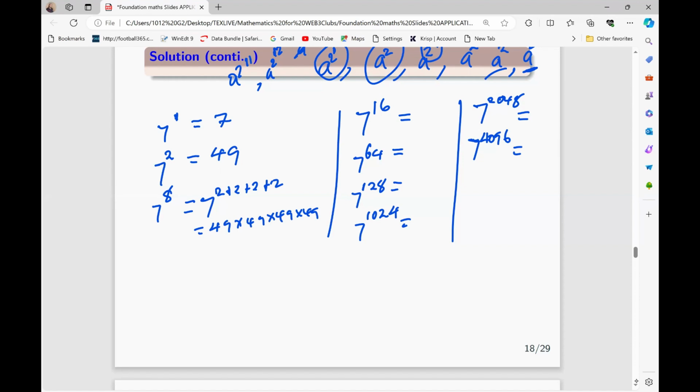Let's multiply this and do it mod 7387. So we are just trying to reduce the steps, and it's easy even to write an algorithm with these steps now.